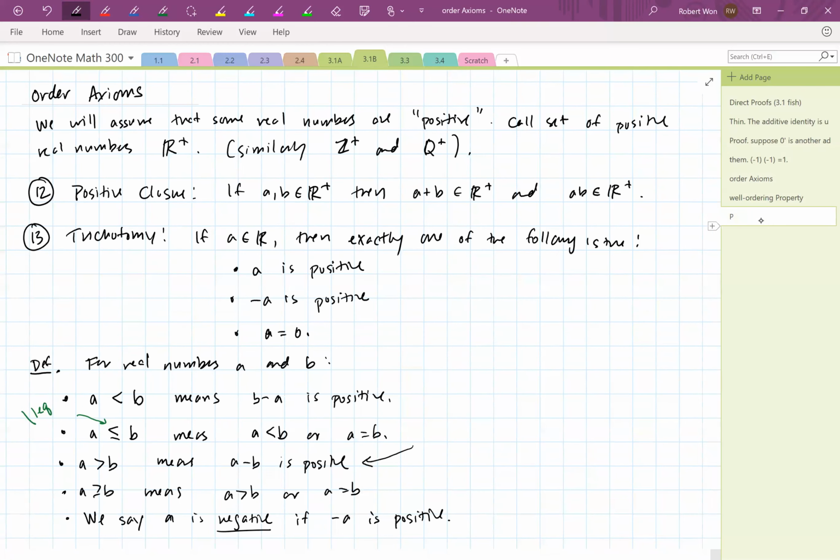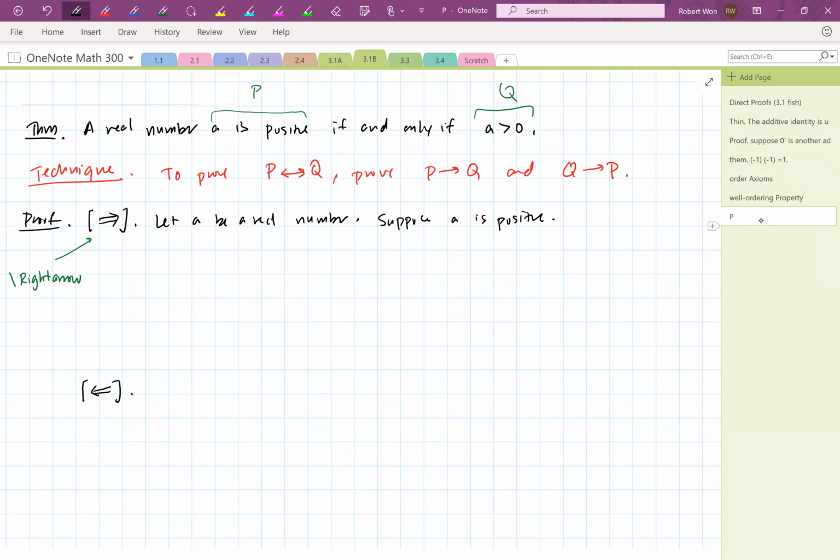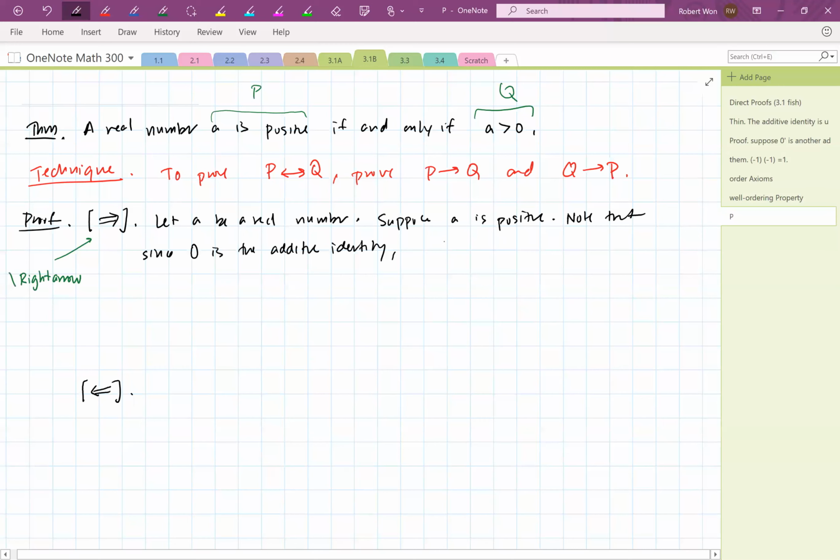Okay. So we note that since 0 is the additive identity, 0 plus 0 equals 0. Right? But what does this mean? This means that 0 is its own additive inverse.